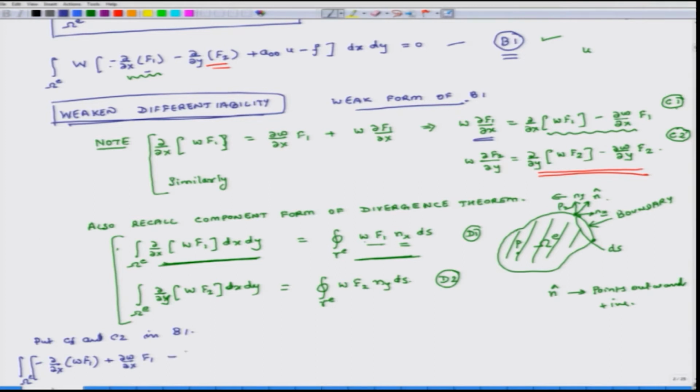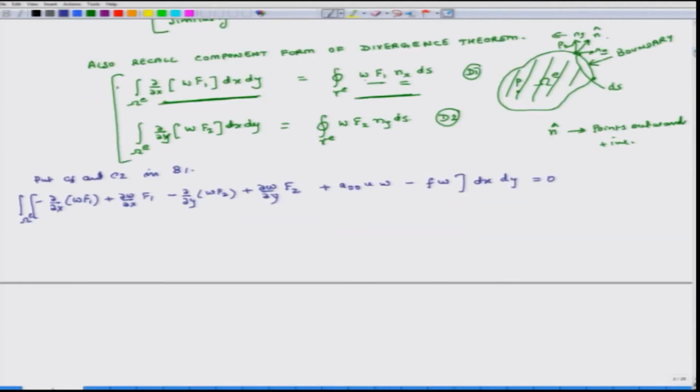So, I get minus del over del y of W F2 plus del W over del y times F2. And then these terms do not change. So, I still have a00 u W minus F W dx dy equals 0.